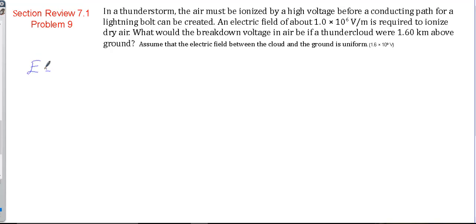Electric field given, it says 1.0 × 10^6 volt per meter of an electric field is needed to produce lightning. And then it says the distance is 1.60 kilometers, and it is equal to 1,600 meters.